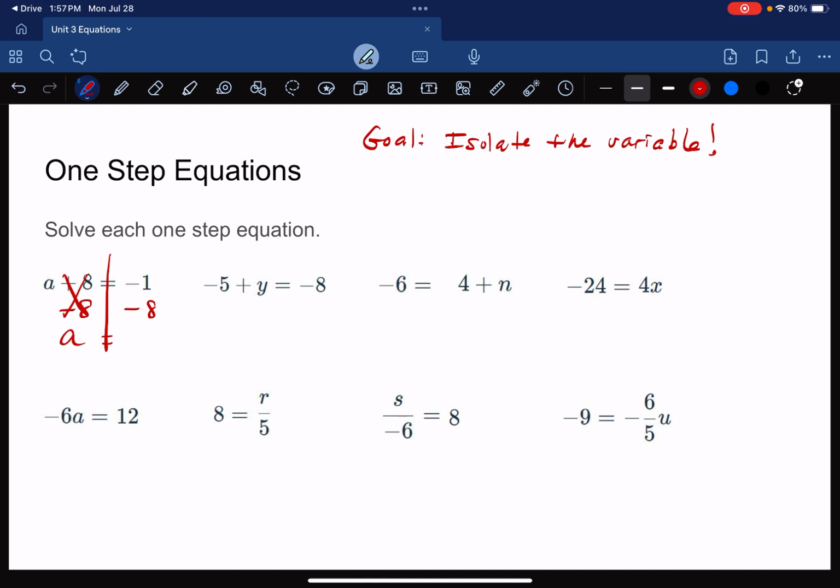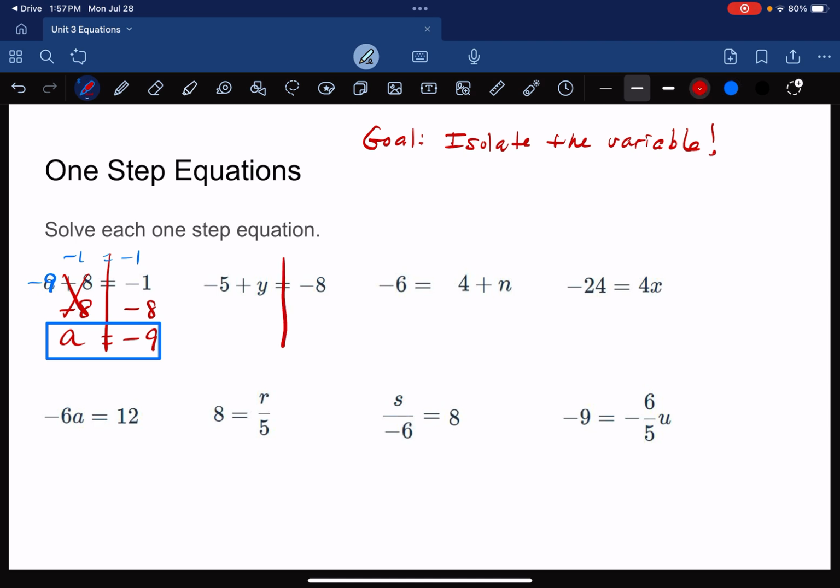If I've got 1 bad guy and 8 more bad guys, that makes 9 bad guys. So there's the solution. This is the number that I can plug in place of a to make the left side equal to the right side. If you plug -9 in here, -9 plus 8 is -1. So that's my solution.